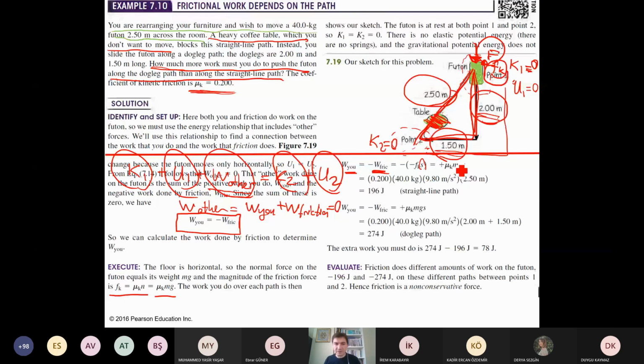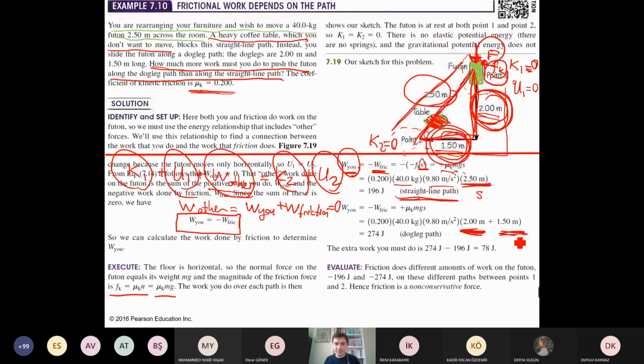This is the work done by yourself. Here we have mu k, which is given in the question. Here we have m and g, and this is the displacement S for the straight line path. Instead of the straight line path, just use this dogleg path, 2 meters plus 1.5 meters. Now this is the displacement.